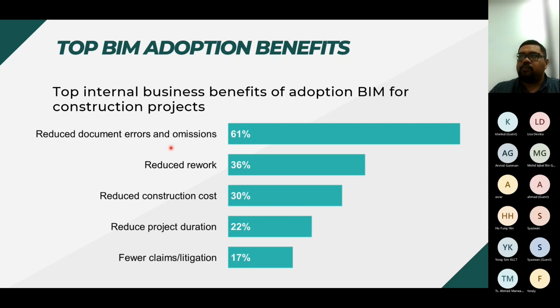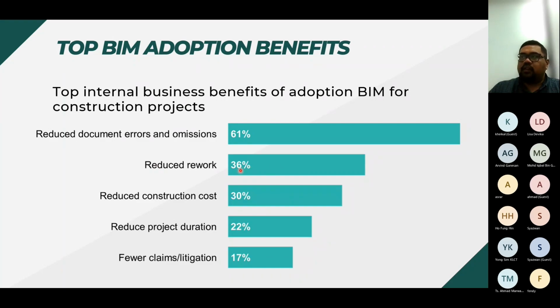Number one is to reduce document errors and omissions by 61%. This data comes from Autodesk University. They have a team doing R&D, collecting data and surveys. So here is the benefit that they get from their participants.